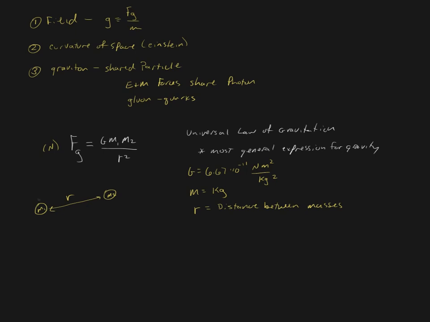So for example, for mass 1, the force of mass 2 on mass 1 would point up and to the right, and then equal and opposite to that, we have the force of mass 1 acting on mass 2. Both of these are the gravitational force. But if you wanted to work a problem involving these two masses, we might be able to just leave it so that our coordinate system is parallel to these vectors.